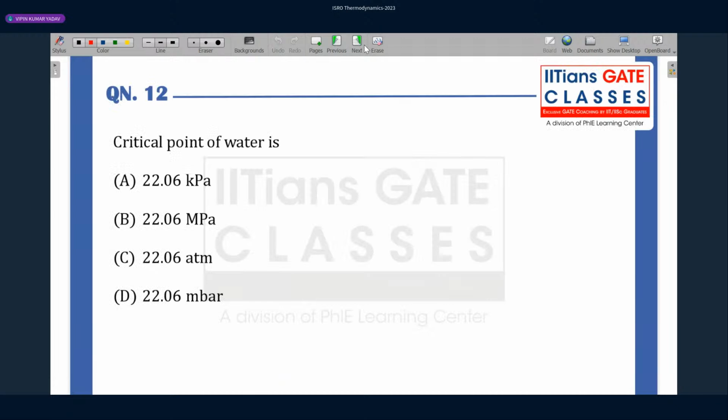Critical point of water is. So this is a very general question. You must remember this. The critical pressure of water is given as 220.6 bar or 22.06 megapascal.